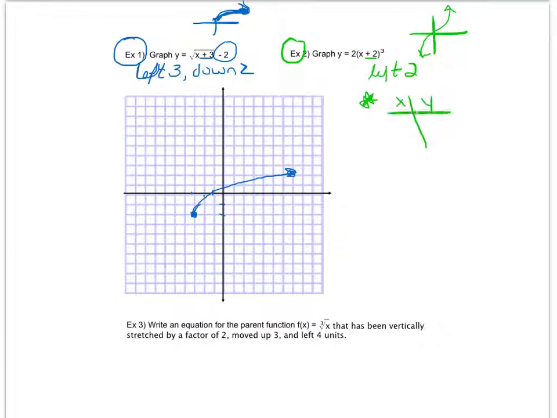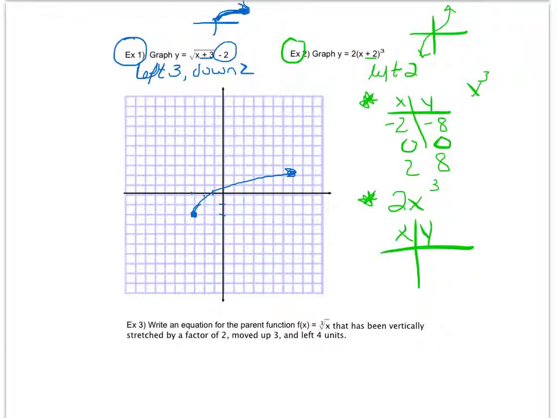So when our x value was -2, when I had x cubed, -2 cubed was -8, 0 was 0, and 2 was 8. However, when I have, and I'm not taking this whole function, I just want to look at the stretching part, when I have 2x cubed, look at what happens to my y values. -2 cubed would be -8 times 2 is -16. 0 remains 0. 2 becomes +16.